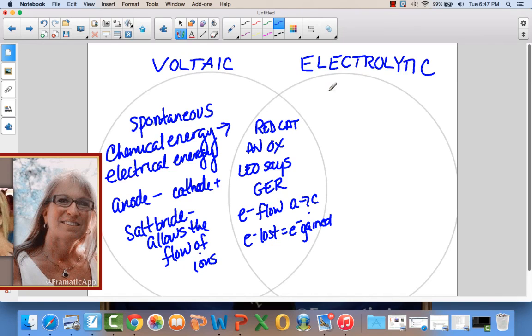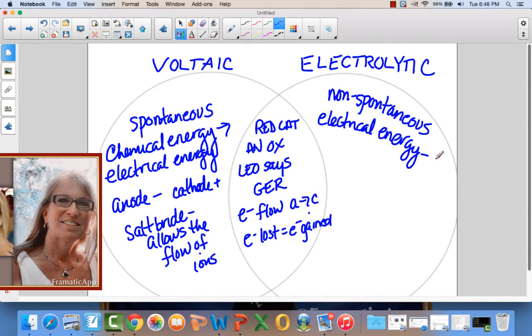In an electrolytic cell, it is non-spontaneous. It takes electrical energy and converts it to chemical. That's why you have the battery. So we need a power source.